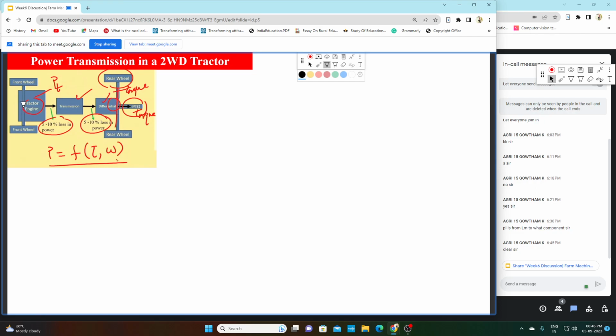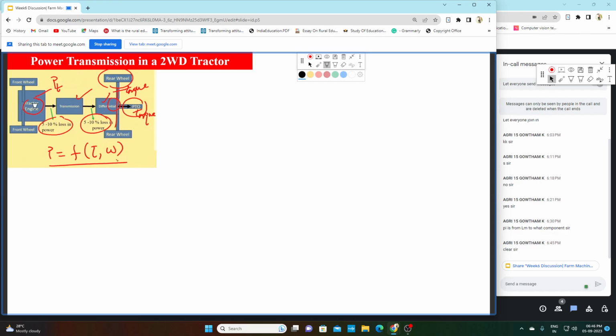So we are generating power in the engine, and we want this power in the rear wheels as well as the PTO. These are the portions where we need power. For that we need a power train.